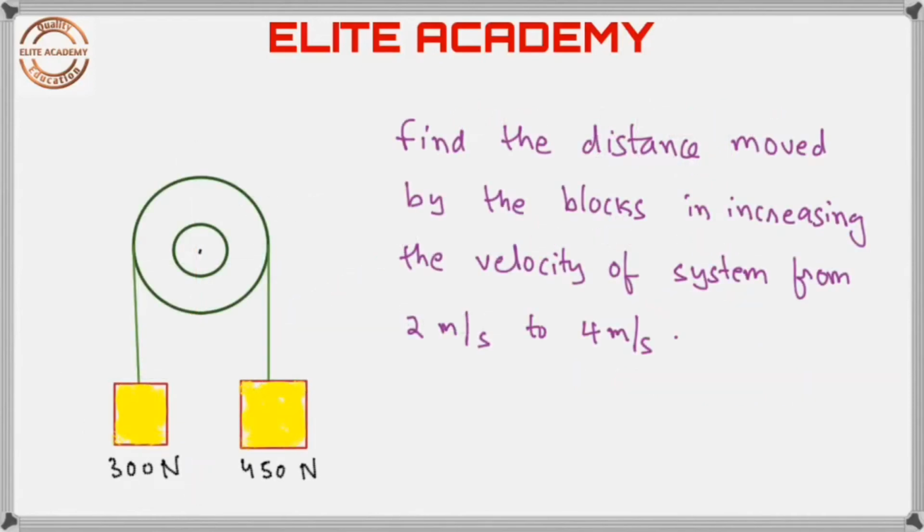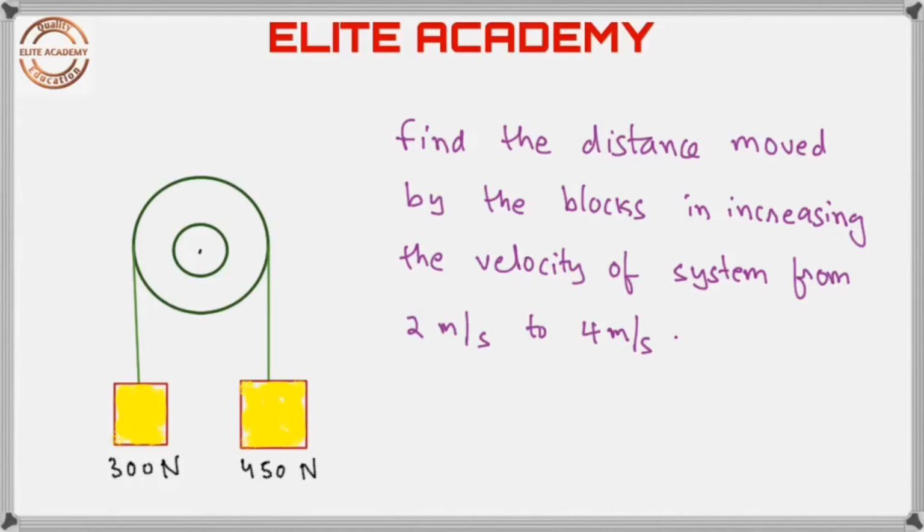Let us consider another problem. This is a pulley over which 450 Newton block and 300 Newton block are suspended by means of a rope as shown in the figure. We need to find the distance moved by these blocks in increasing the velocity of the system from 2 meter per second to 4 meter per second.